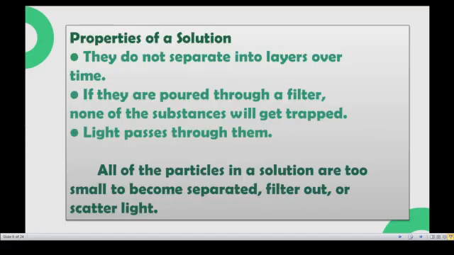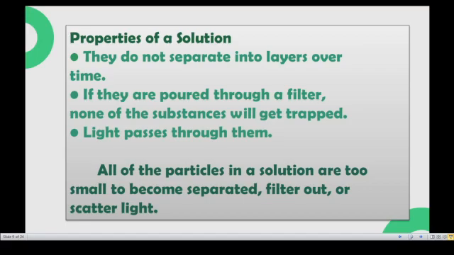Now what is meant by the properties of a solution? They do not separate into layers over time, because it is homogeneous.